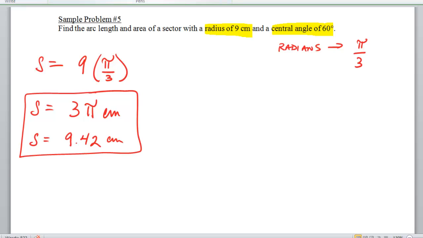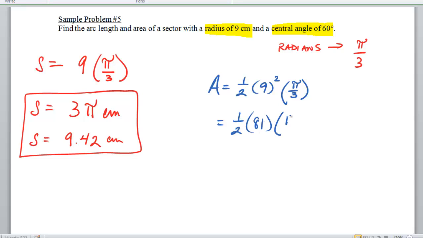Now, the area has a little bit more calculations involved, but pretty straightforward since we are given the formula. It's one half of r squared, so that's 9 squared times the central angle, which in this case is pi over 3 again, and we can just simply work our calculations. And if you want to punt all of this into your calculator at once, you're more than welcome.